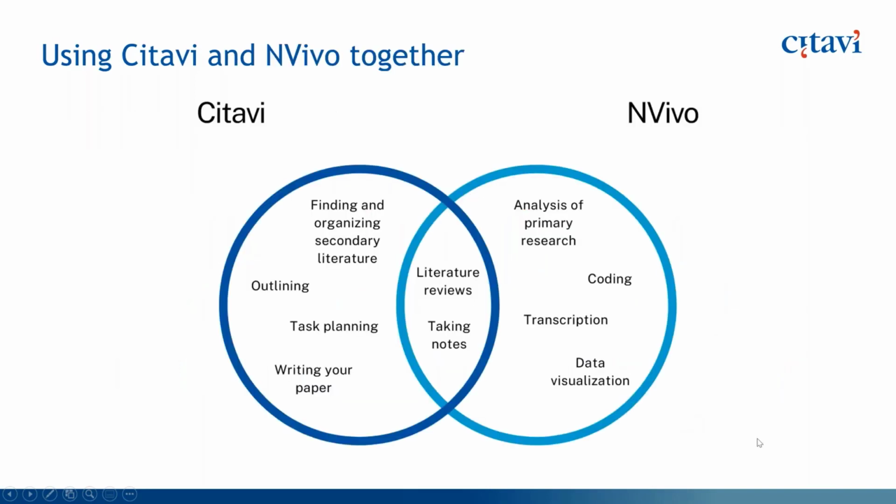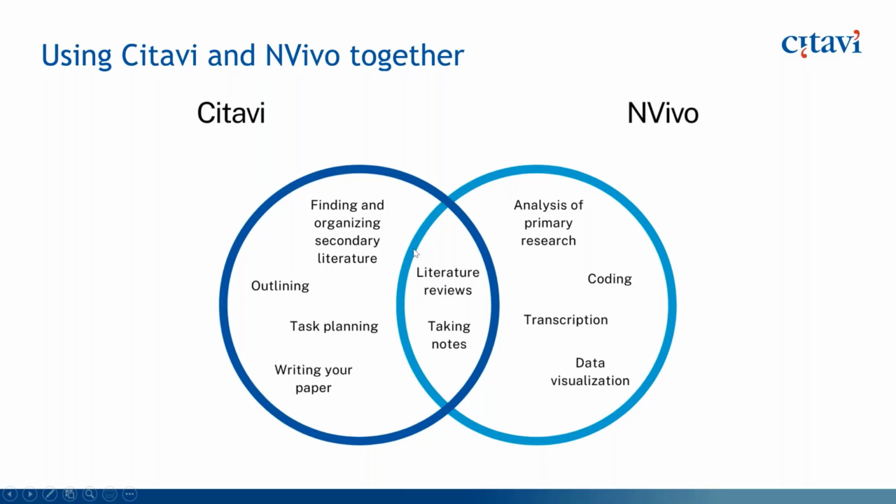And since we're talking about analyzing your research findings today, and a lot of you are NVivo users, I wanted to look at how Citavi and NVivo kind of interconnect. So Citavi you can think of as being for work with your supporting literature.